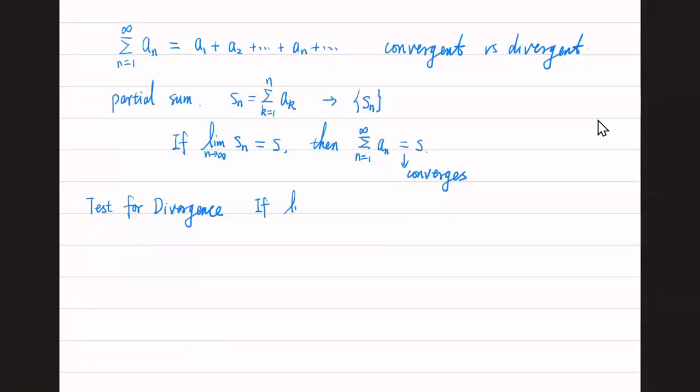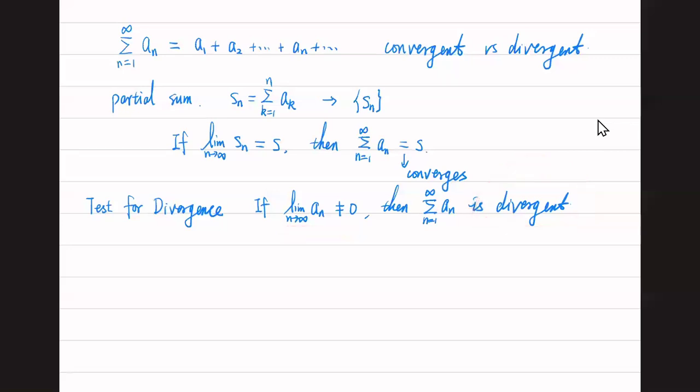If the limit of the entries is not 0, it must be divergent.